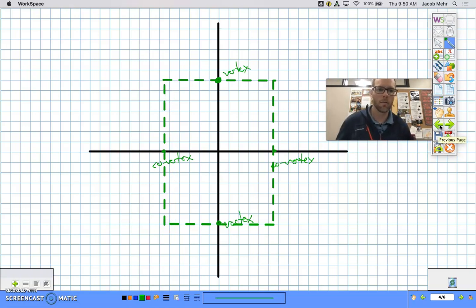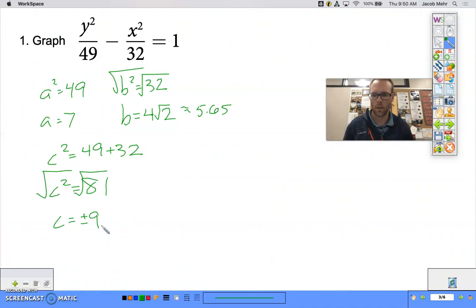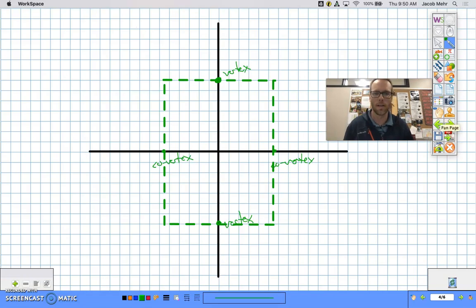Okay. Now our foci are going to be at C equals 9, so that's going to be on the same axis as the vertices. So we have a focus at 0, 9. And we have a focus at 0, negative 9. Okay. So the hyperbolas are going to come and they're going to go through the vertex, wrap around the focus.